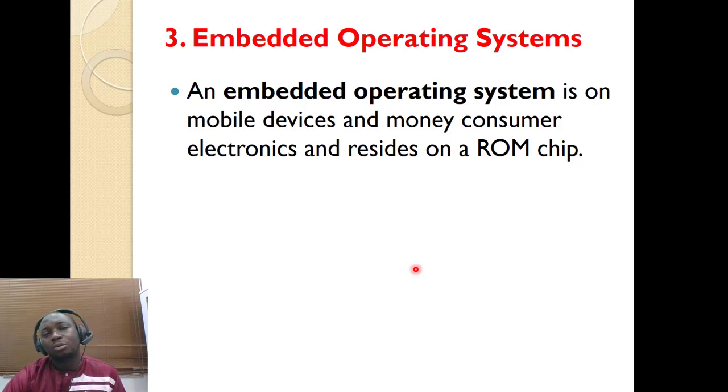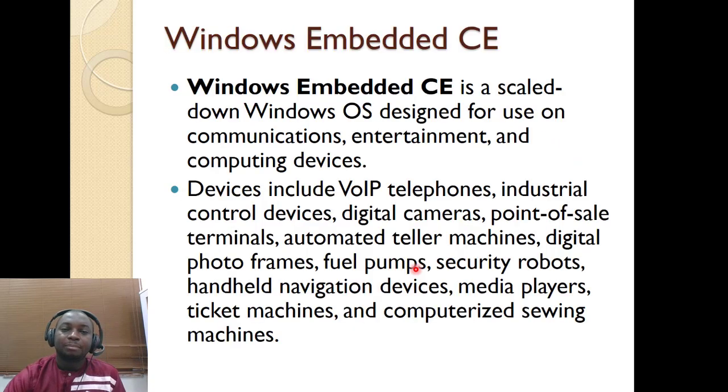Now we also have the embedded operating system. The embedded operating system is so much found on mobile devices. Mobile devices use such embedded systems: you buy your phone and it has Windows. Many people nowadays have phones that are already embedded with the operating system.